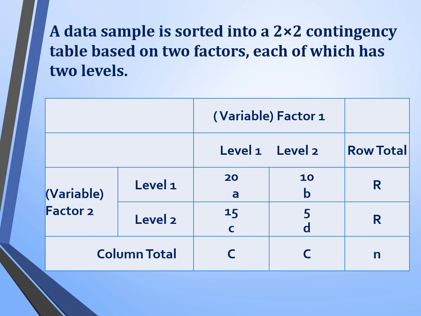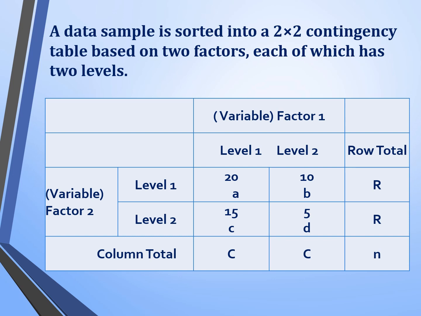The other variable 2 could be the gender, which has two levels or two categories, male and female, or residence, which can be classified into urban and rural. One of these factors could have three levels, and now we can call the table a 3x2 contingency table. Or variable 1 might have three levels, and variable 2 may have three levels also, and then it will be called the 3x3 contingency table.